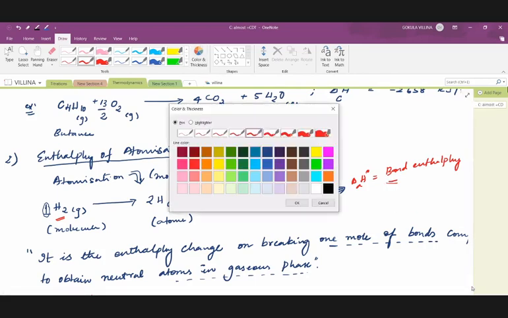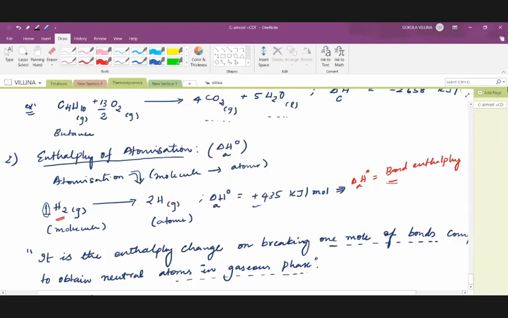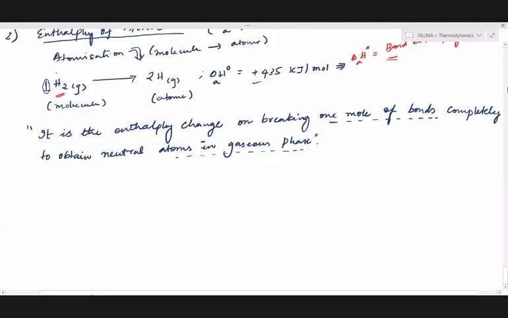Right. So take another example. Okay. Same. I'll let you know the difference. So in this particular example, there are only diatomic molecules. Hydrogen bond is there. So only one bond we are breaking to get neutral hydrogen atoms.